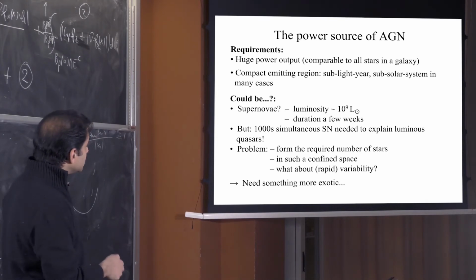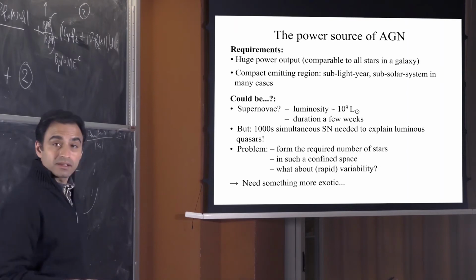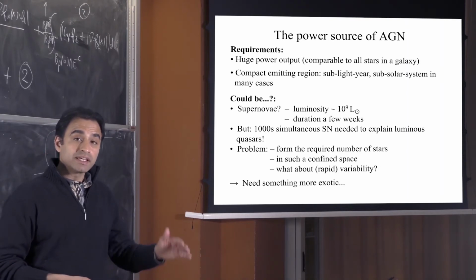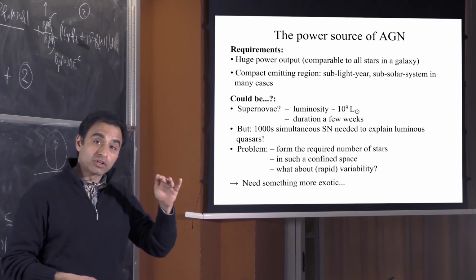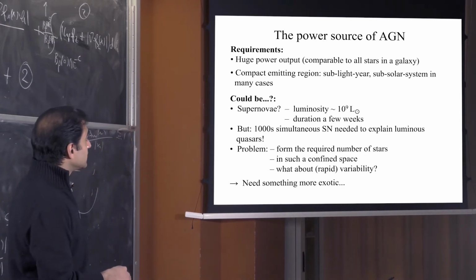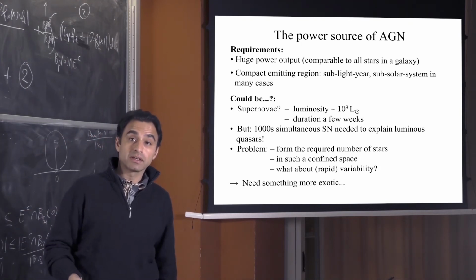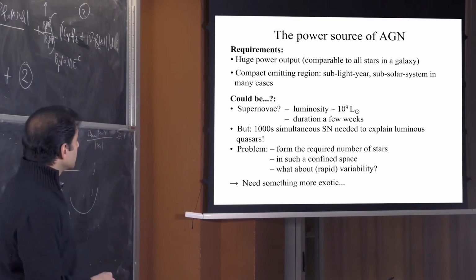However, that is not the case because the luminosity of a supernova is not enough. It is several orders of magnitude below, for example, what you see in a quasar. So this is 10 to the 9 solar luminosities. A quasar is possibly up to 1,000 times more powerful.